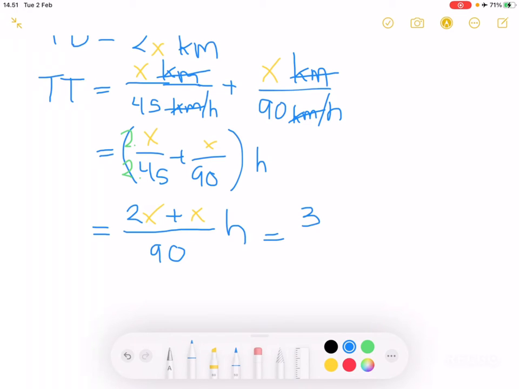So notice this will become 3x over 90. And notice that this 3 and this 90 will cancel, leaving us with a 30 on the bottom, leaving us with x over 30 hours.